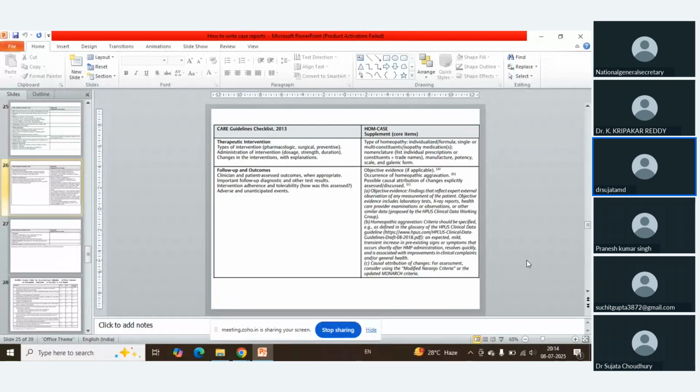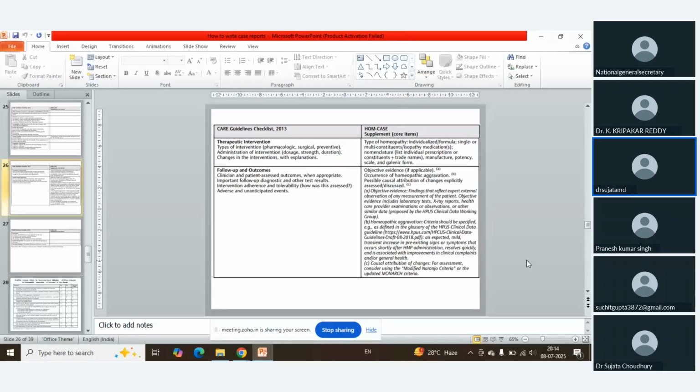Next, in intervention also: which medicine is given, the type of medicine we are giving, how the dose will be fixed and how it will be repeated.